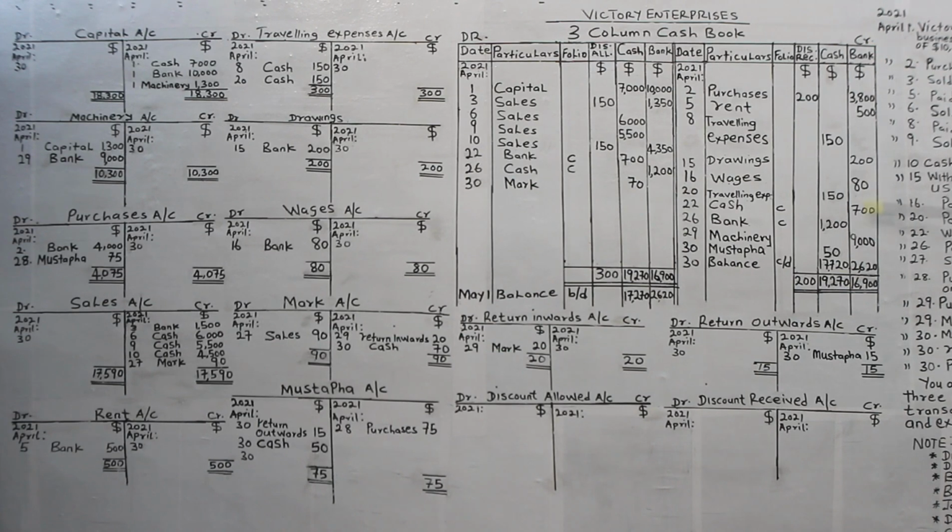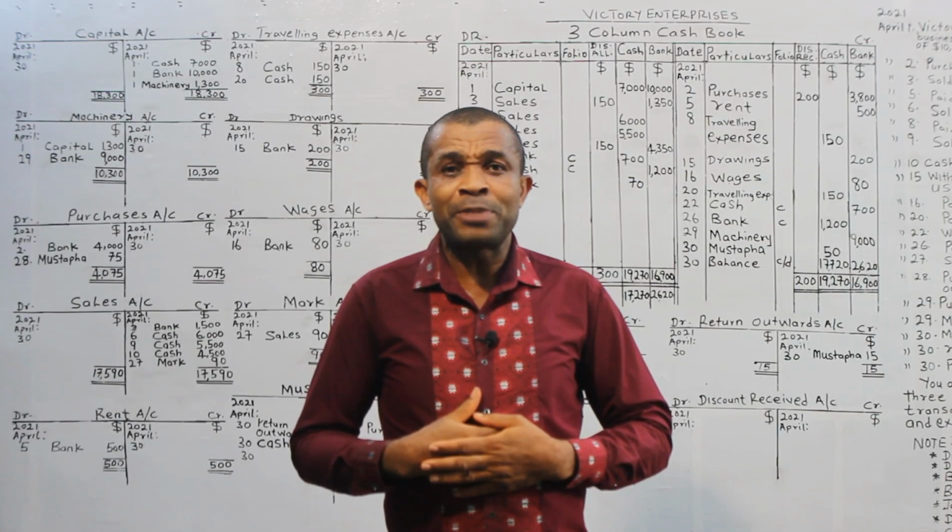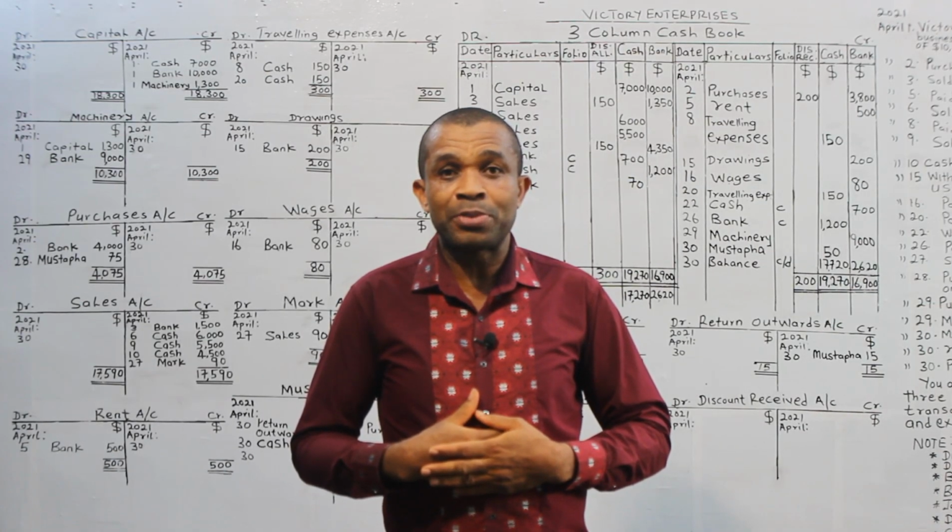The same is applicable to the bank column. If the total amount paid out through the bank is greater than the total amount received inside the bank, then the balance carried down will appear on the debit side and the balance brought down will appear on the credit side. Now we have finished balancing the 3-column cash book.